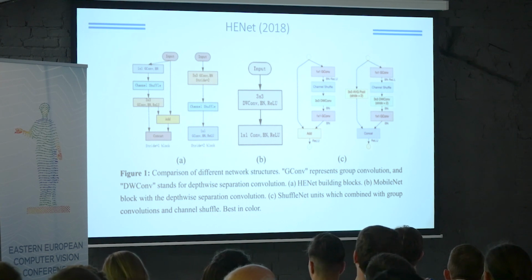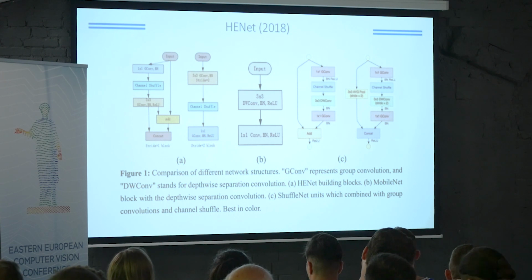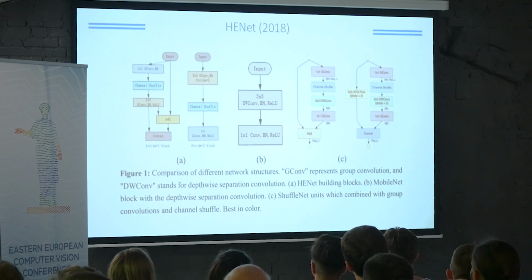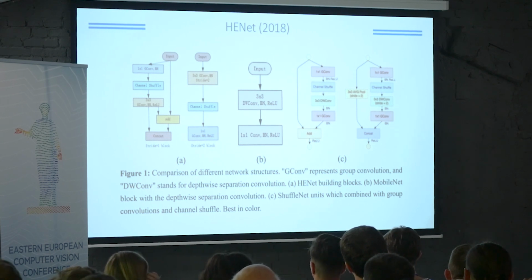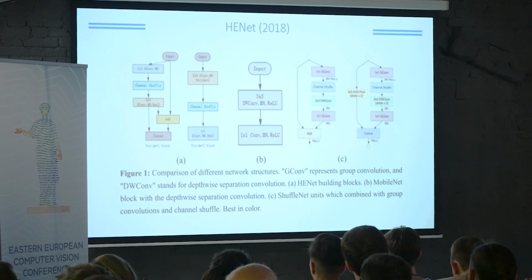The next architecture is quite new. It was released maybe in May. It's called HetNet. It proposed 2 ideas. I like the idea that they combine 2 types of skip connections. They use both addition skip connection and concatenation skip connection.